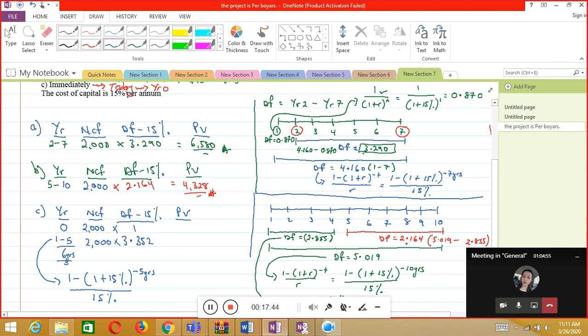So times this both, you get 2000 here, and then 2000 on 3.352, 6704, and then you total up this both, so you get 8704. Boleh tak, guys? So this is how you do this question number 2.